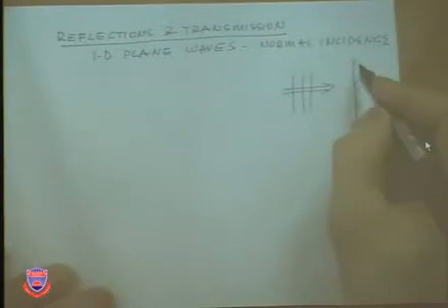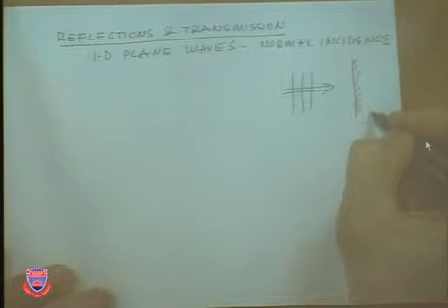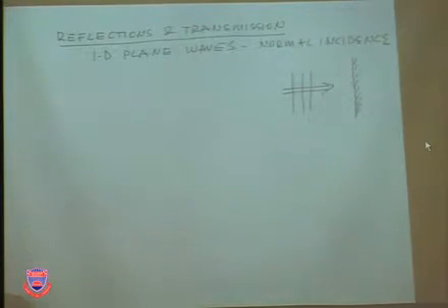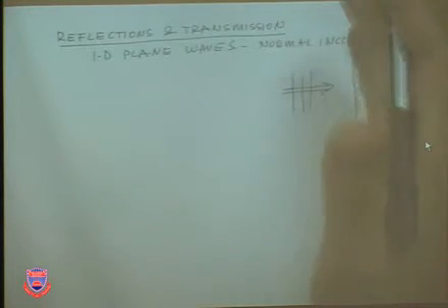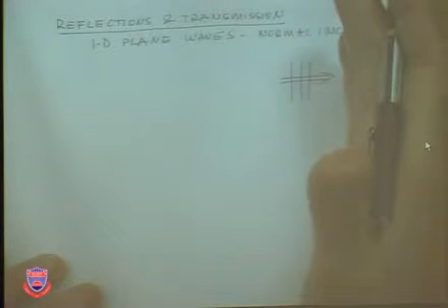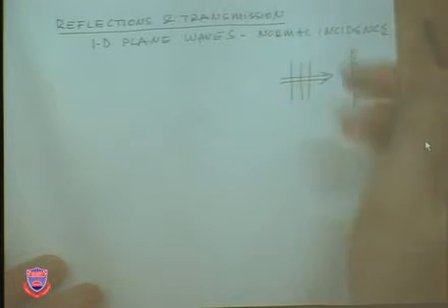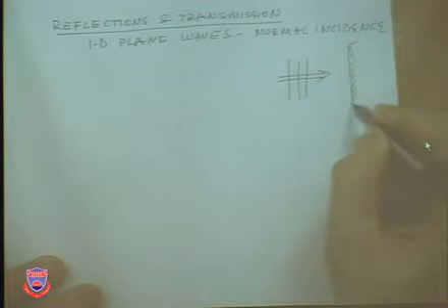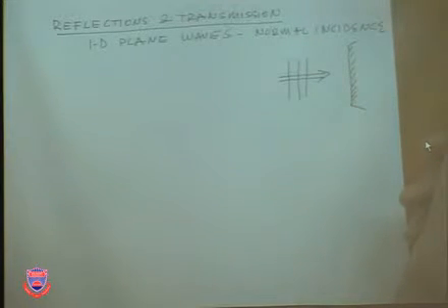And some of those that go through will be absorbed by the wall, if it can be, and some will transmit to the other side. Right now, the first thing we are going to do is look at very extreme boundary conditions, meaning this is either perfectly rigid or perfectly vacuum. And I'll get to it in a moment.